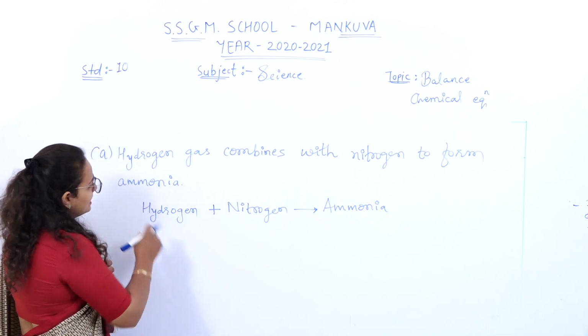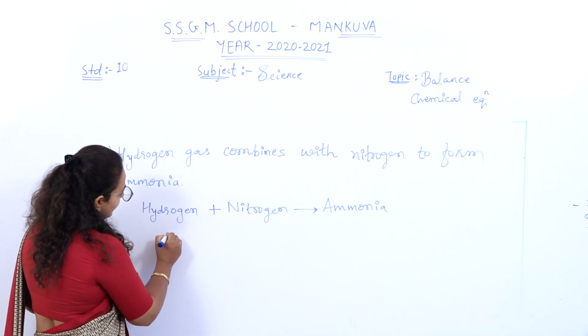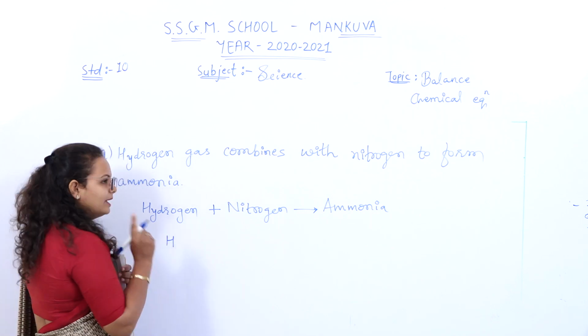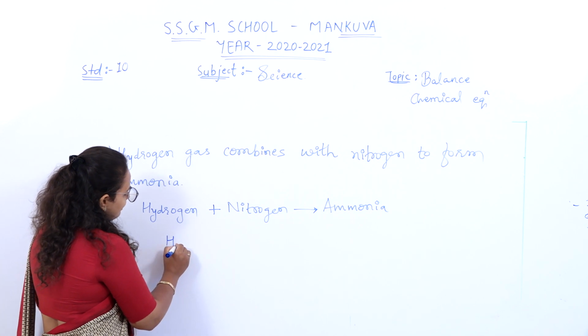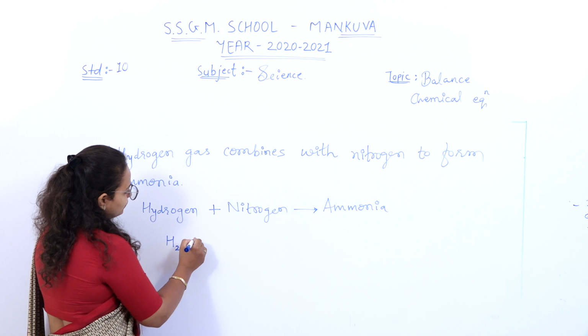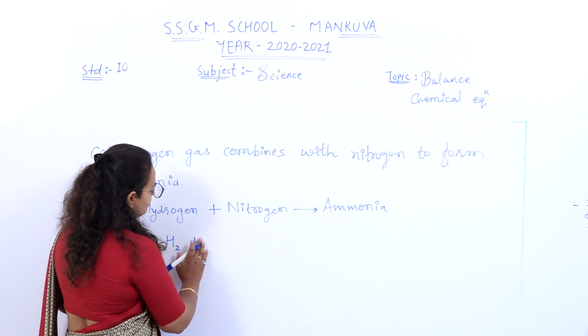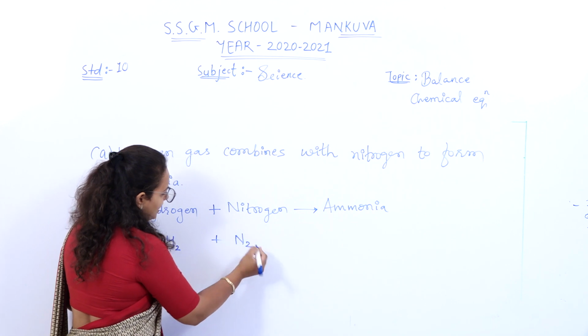Now, second step, write down symbols. What is the symbol of hydrogen? It is H. But whenever we are writing in the form of an equation, remember one thing, that hydrogen is in the form of H2. Nitrogen is also N2.